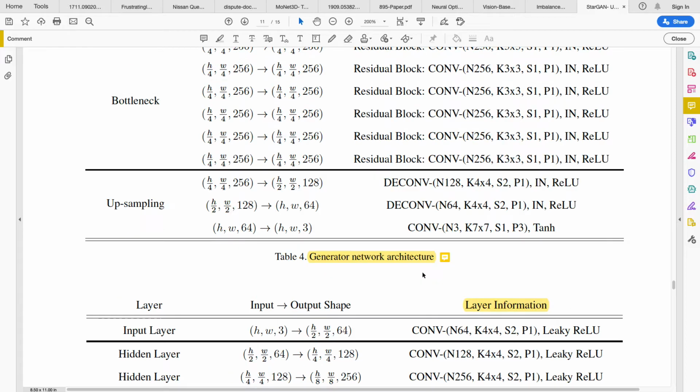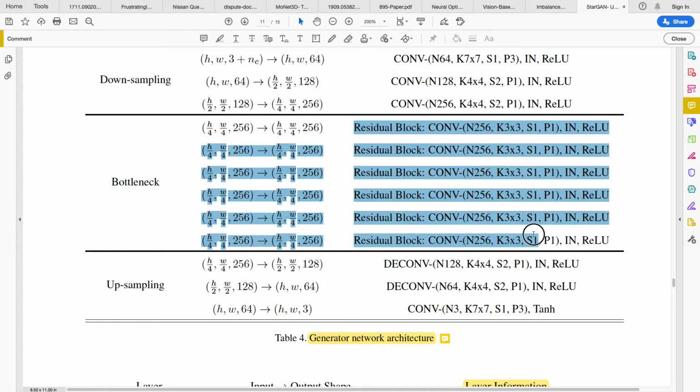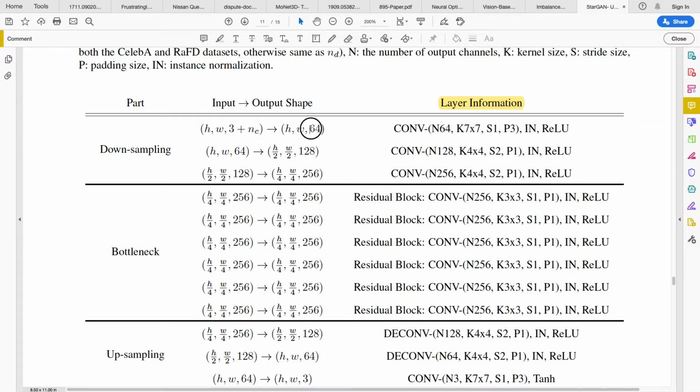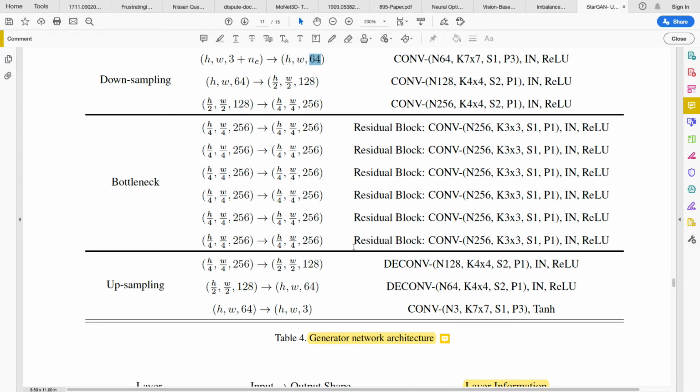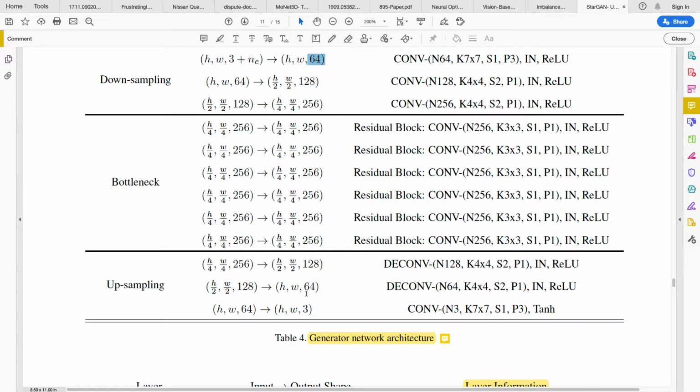Similarly, we also see the same for the generator network. In the generator network, they actually use residual blocks because it's essentially an autoencoder. First, they downsample the image through the encoder, then the decoder, and they upsample the image back. It comes in with 64 channels and they bring it back to 3 channels.